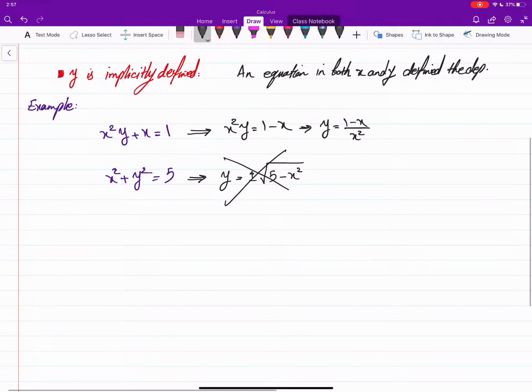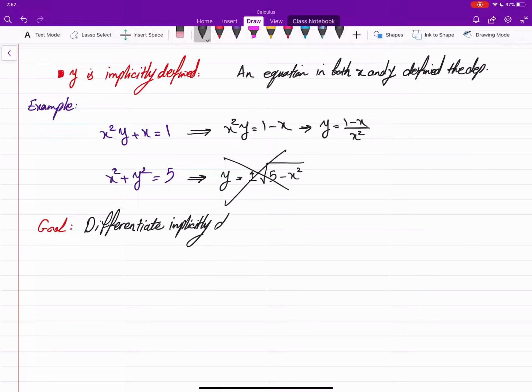Okay. Now, the goal is to differentiate implicitly defined functions without taking them into explicitly defined form, which won't be easy at all.